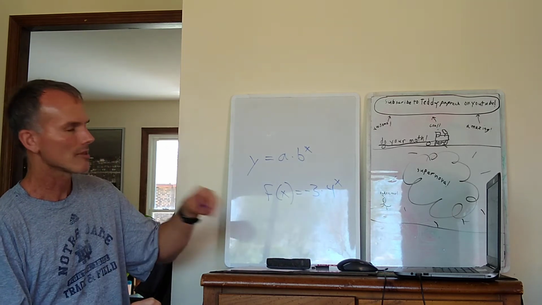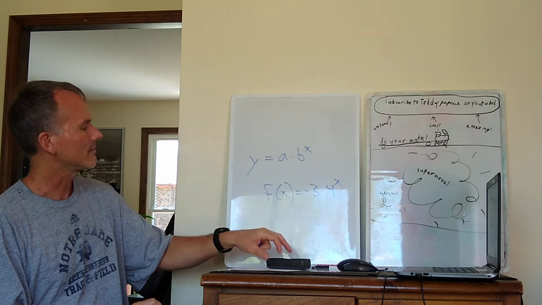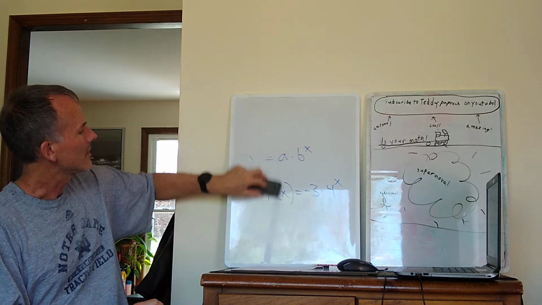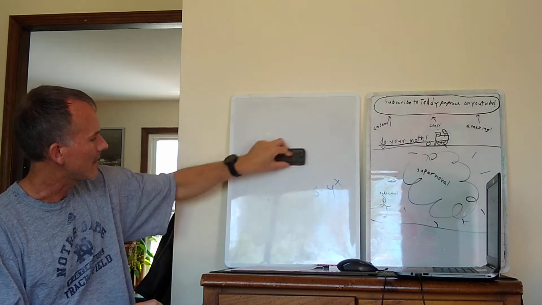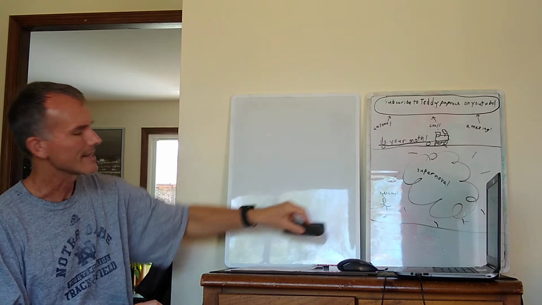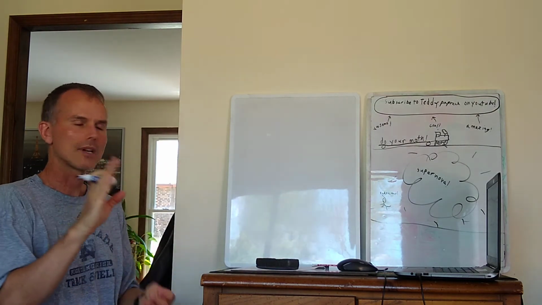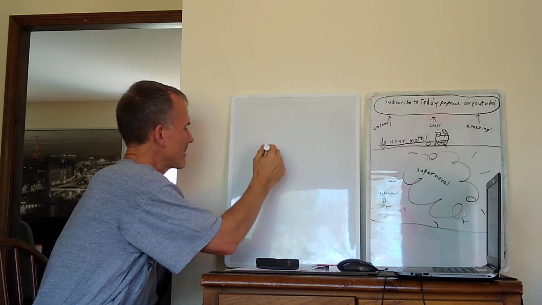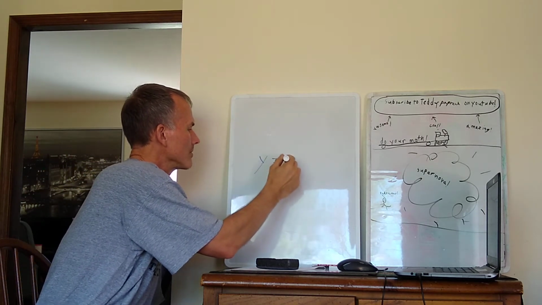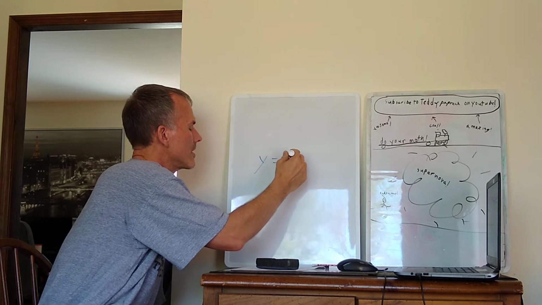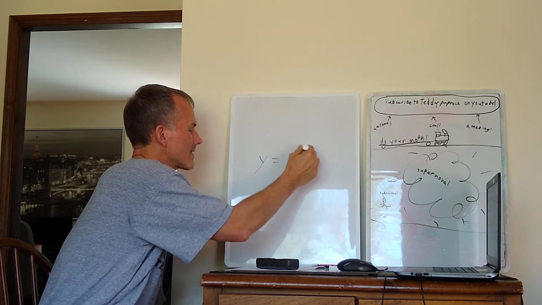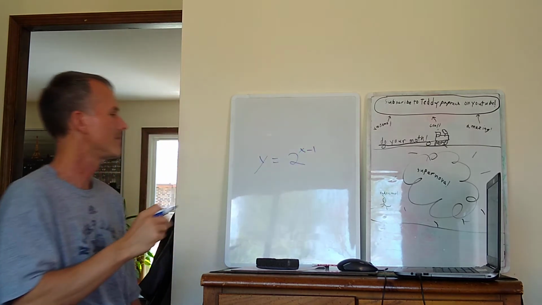Now, in addition to reflecting and stretching vertically, we can also translate an exponential function up, down, left, right. Just for example, if I had y equals, let's do just 2 to the x minus 1.